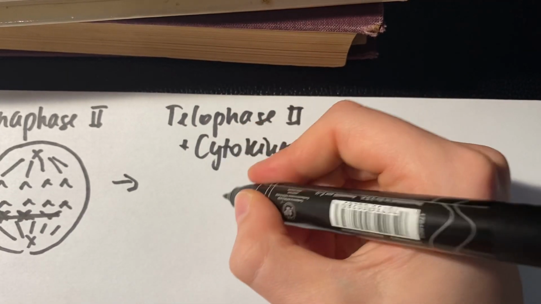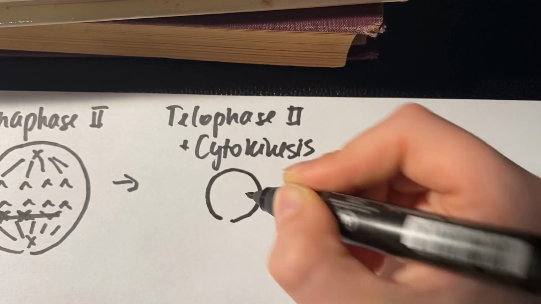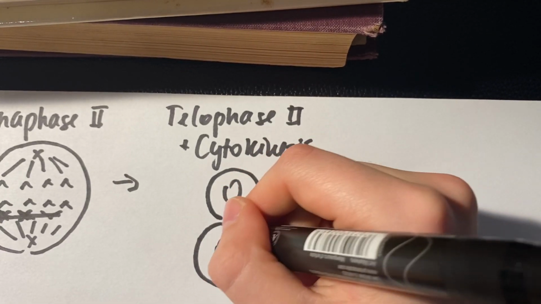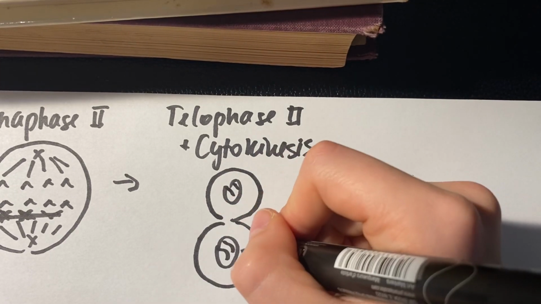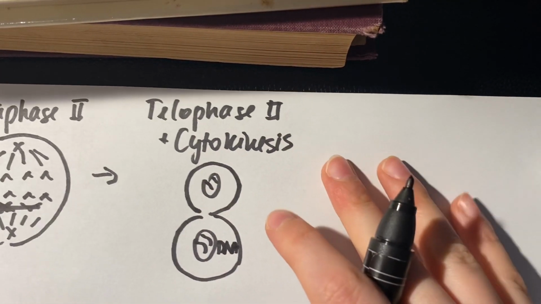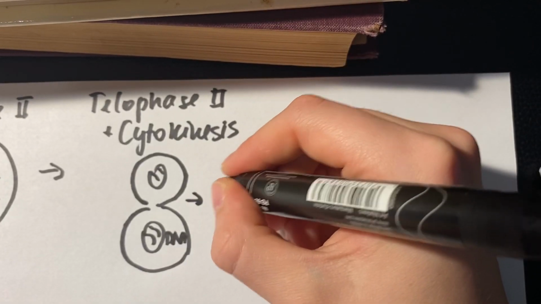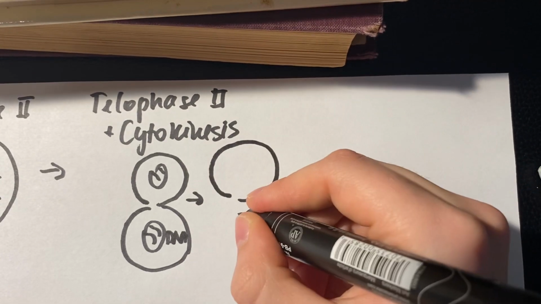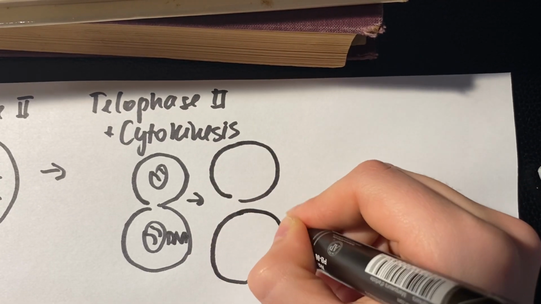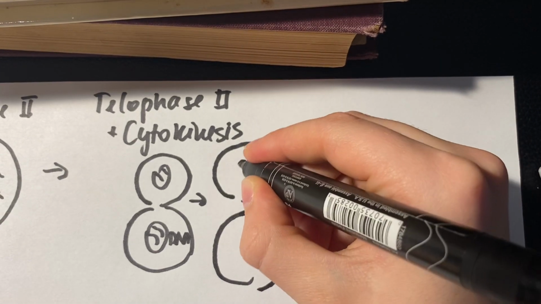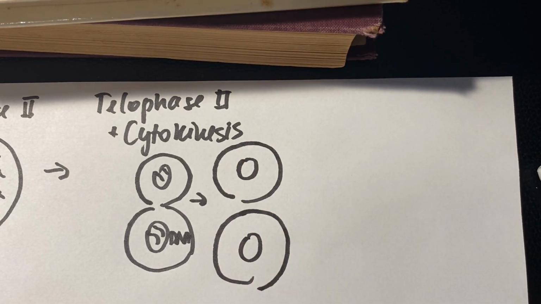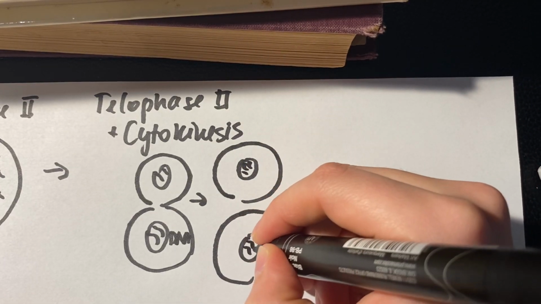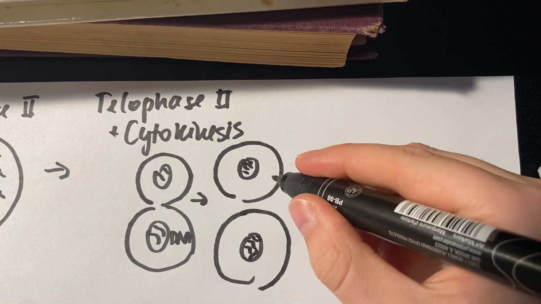In telophase 2, we have two newly formed nuclei with disorganized DNA, and also after that, we have the cytokinesis that completely splits the cells or cell's cytoplasm, and DNA organizes itself separately in two cells.